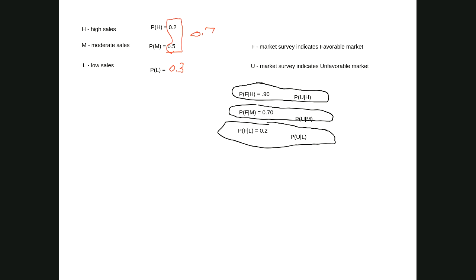This is where I'll begin and leave this with you. We have a 3-part decision tree, because what we know from the past is that sales are either high, medium, or low.